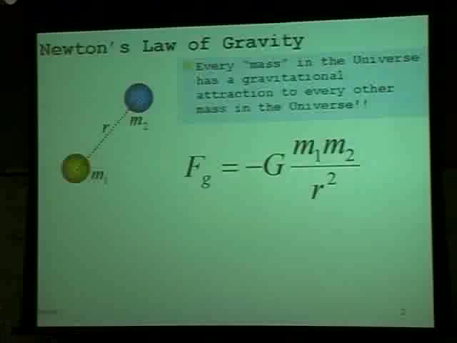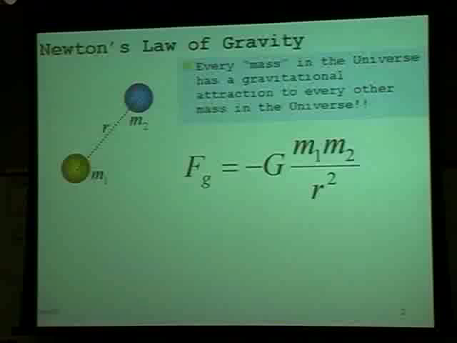So if I had these two objects, right now there's an attractive force between those two objects. There's a force pulling this one towards that object and pulling that one towards this object. It's proportional to this mass, proportional to this mass, and inversely proportional to the distance squared. Oftentimes, at least in a magnitude sense, I'll ignore the negative sign.